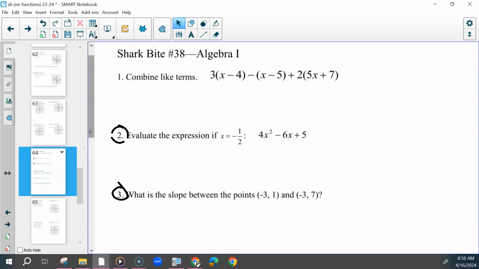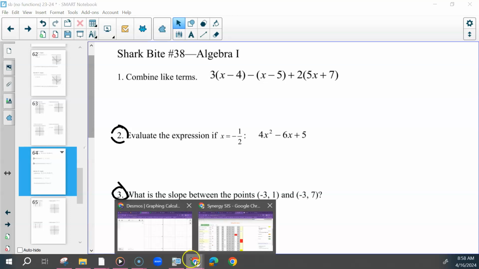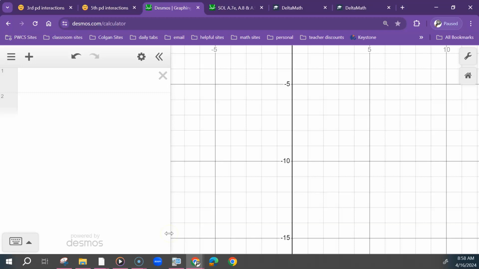So starting with number 2, you could either, I think last time I just put it in as parentheses.